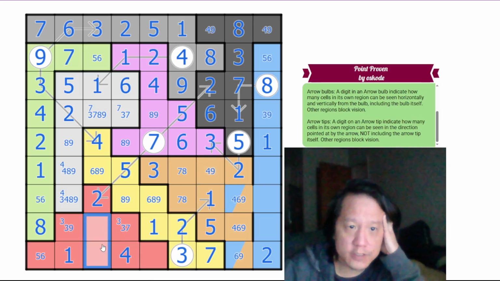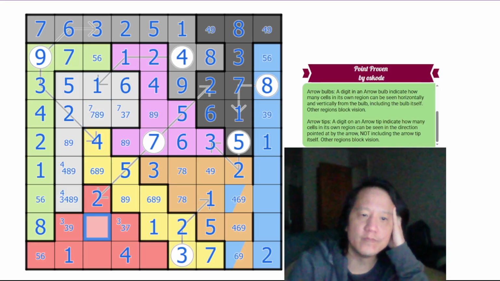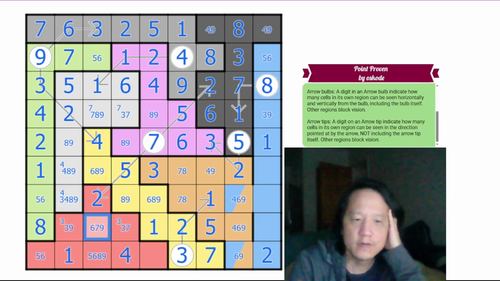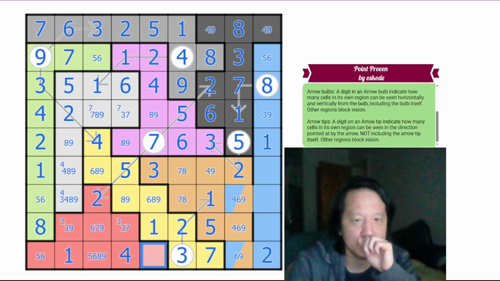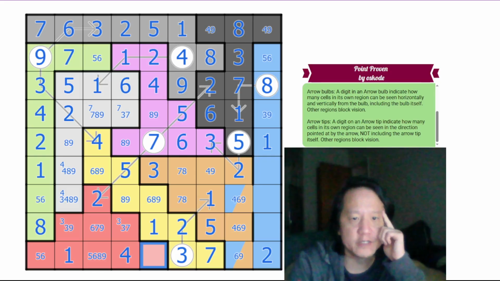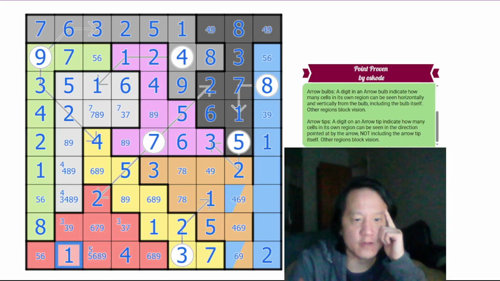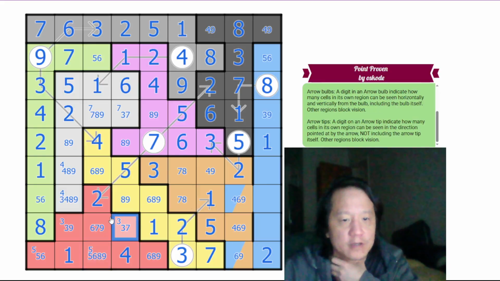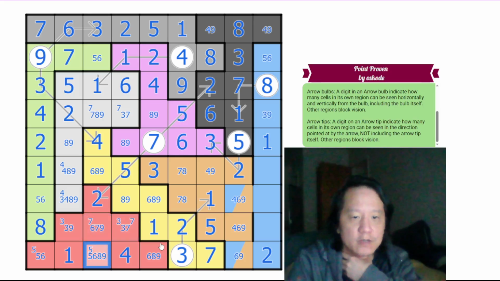Okay, remaining digits in column. This can't be 3 because of 3 in the column. In column 3, 5 through 9. 5 through 9, no 7, no 8, no 5. Remaining digits in column 5 are 6, 8, and 9. So 5 has to be one of these in red. 7 has to be one of these two in red.